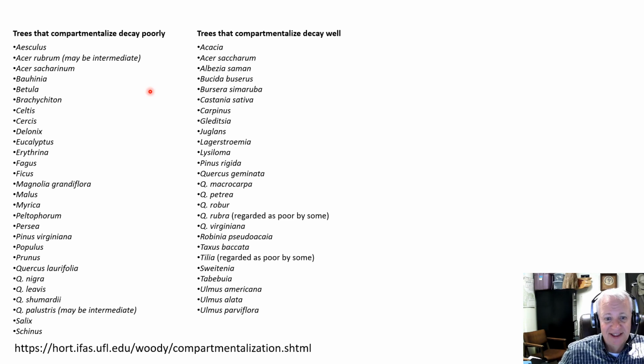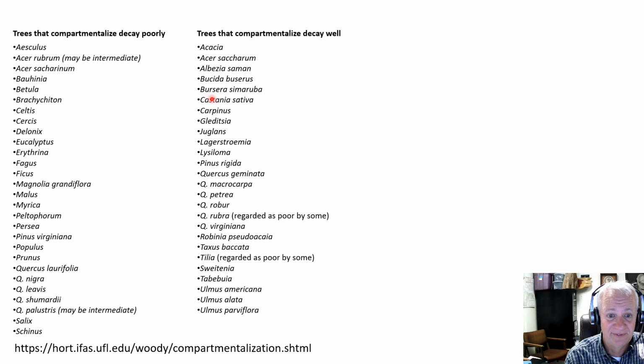You can almost look at this as a division in how well different species or genera of trees do CODIT, where these trees, they all do some CODIT to some degree, but these don't do it very well. There's more spread of decay in these trees than there might be in these species of trees.